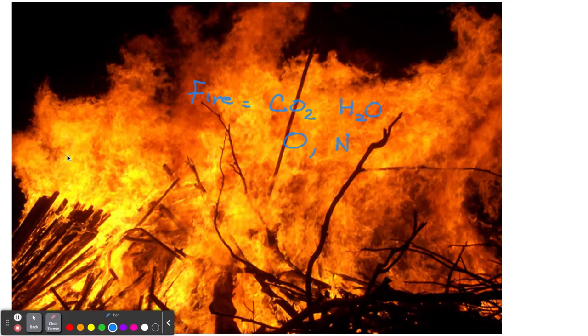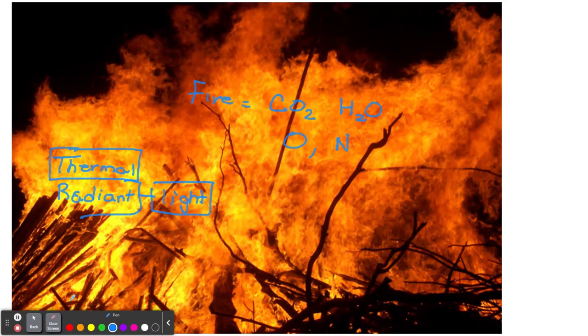So fire has thermal energy. You can feel the heat, so you know there's thermal energy. And it also has radiant energy, which I said before, radiant energy is light energy. You can see the flames. So those are the two. Now, obviously we have thermal energy. You get too close to the fire, you can feel the heat. But the light energy too, when the light energy reaches you, it could be converted to thermal energy also.